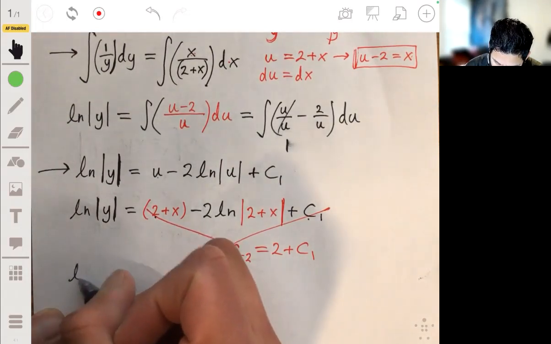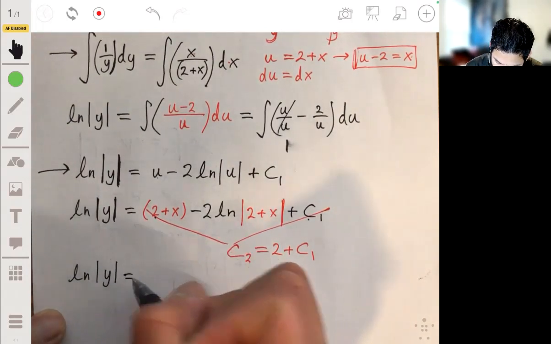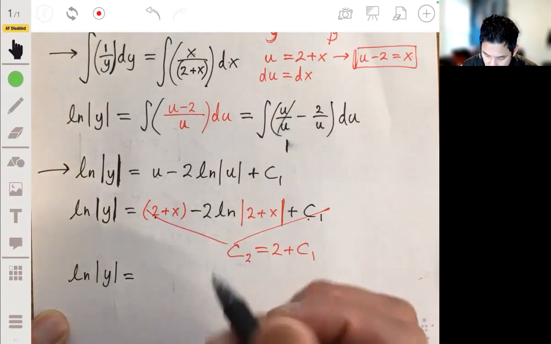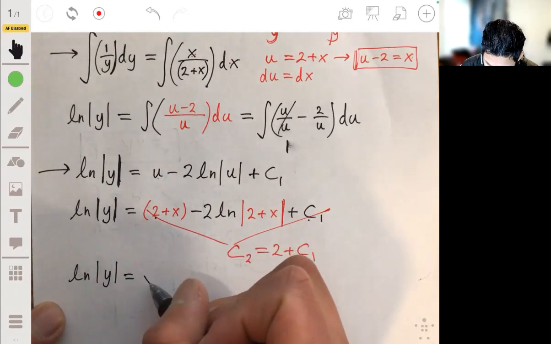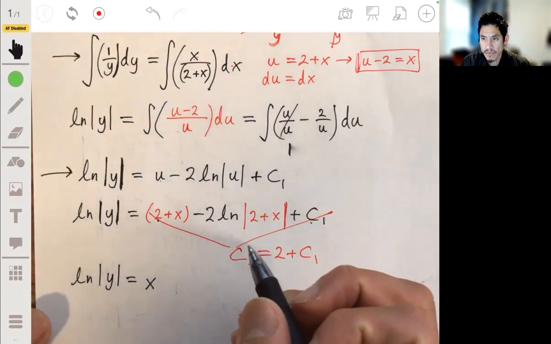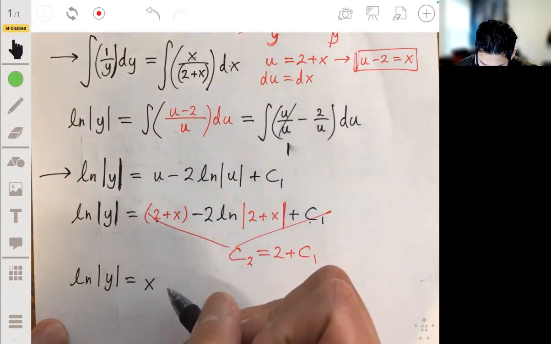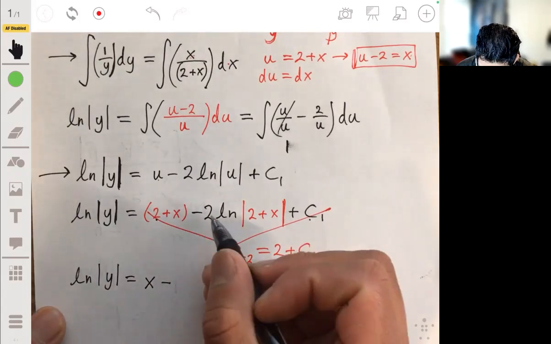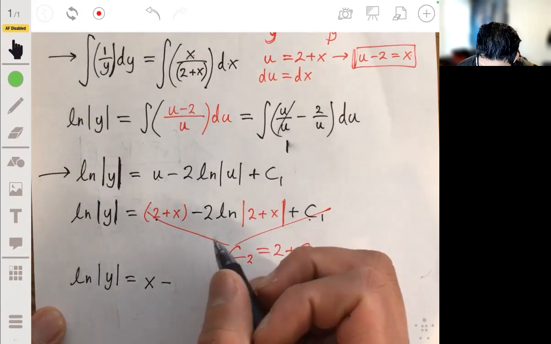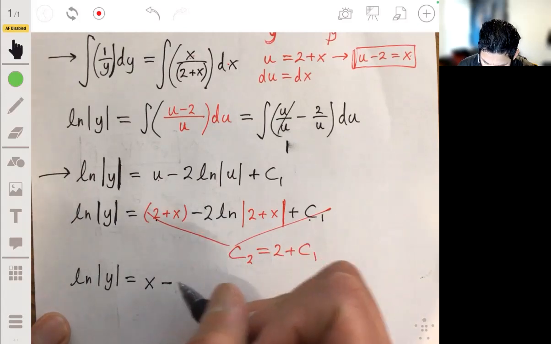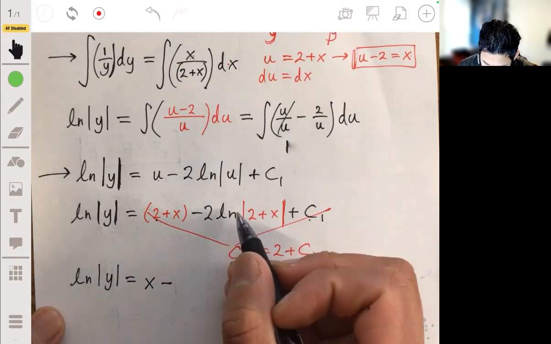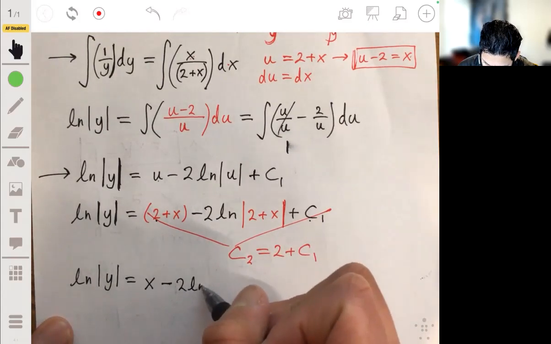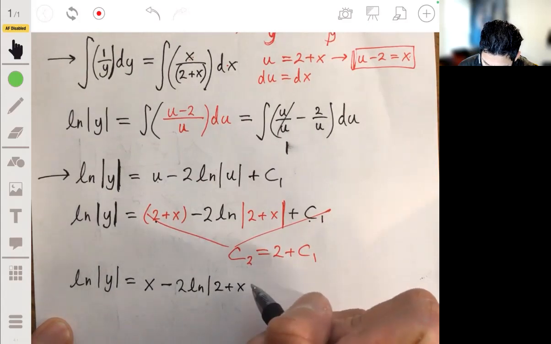So then this could be the same as the natural log of the absolute value of y being equal to x minus 2 times the natural log of the absolute value of 2 plus x.